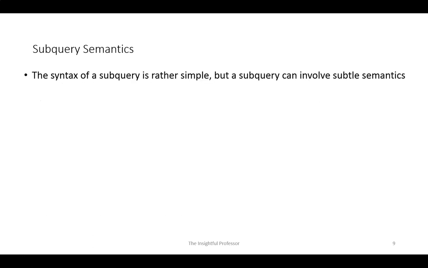In the last example, we demonstrated how to construct a subquery and showed that the syntax is really not that difficult. But we also raised the point that semantics enters into the picture when formulating a subquery. Sometimes the semantics can be quite subtle. Let's consider another example here.